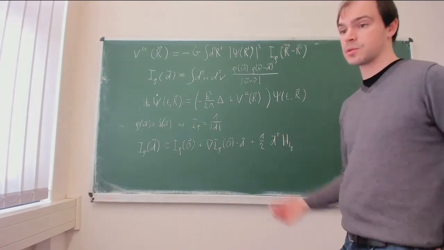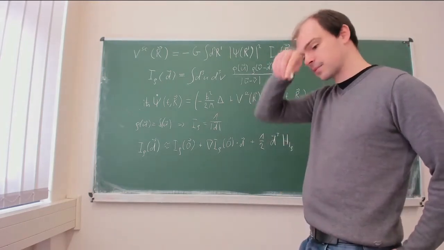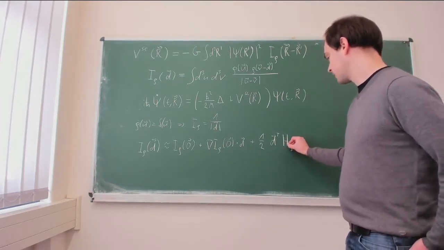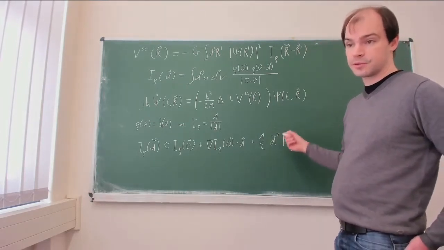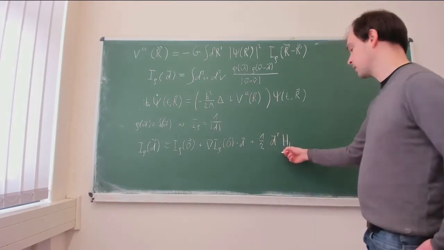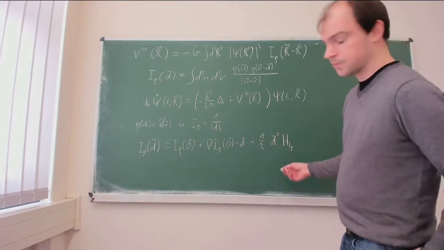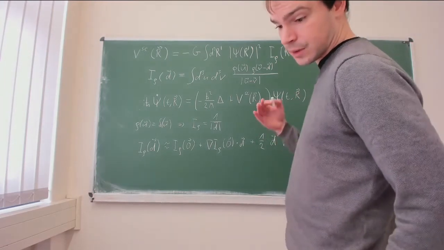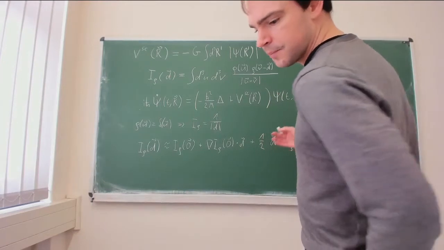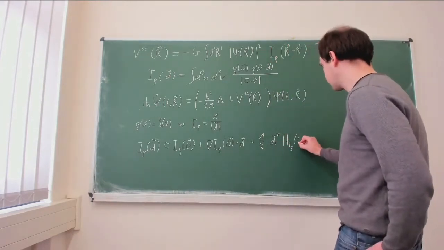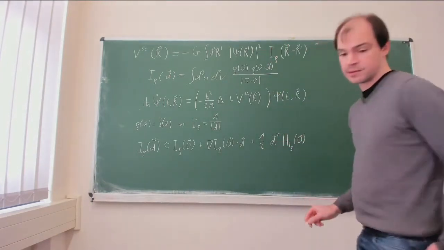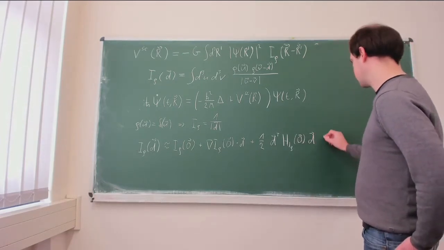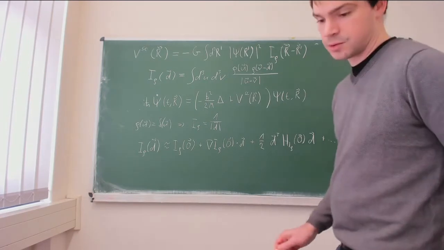If you remember from your analysis in higher dimensions courses, the second derivative for a multidimensional function is the Hessian matrix. So again, evaluated at 0 times d plus higher order terms.